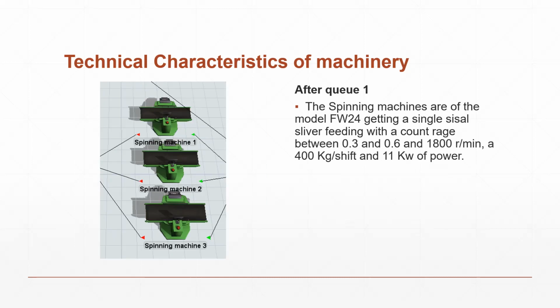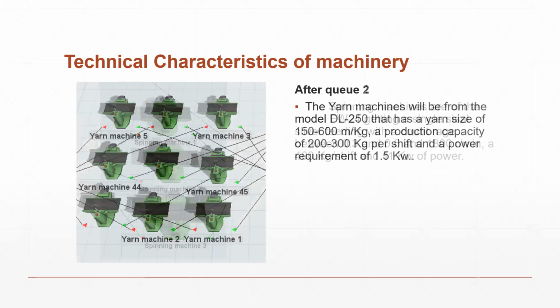Now the next machine is the model DL 250, which has a yarn size of 150 and 600 meters per kilogram. The power requirement is 1.5 kilowatts.